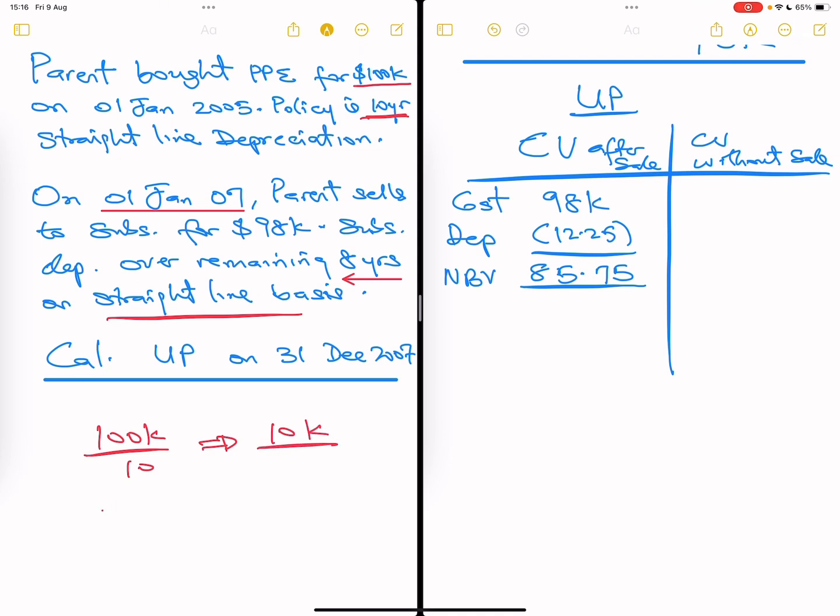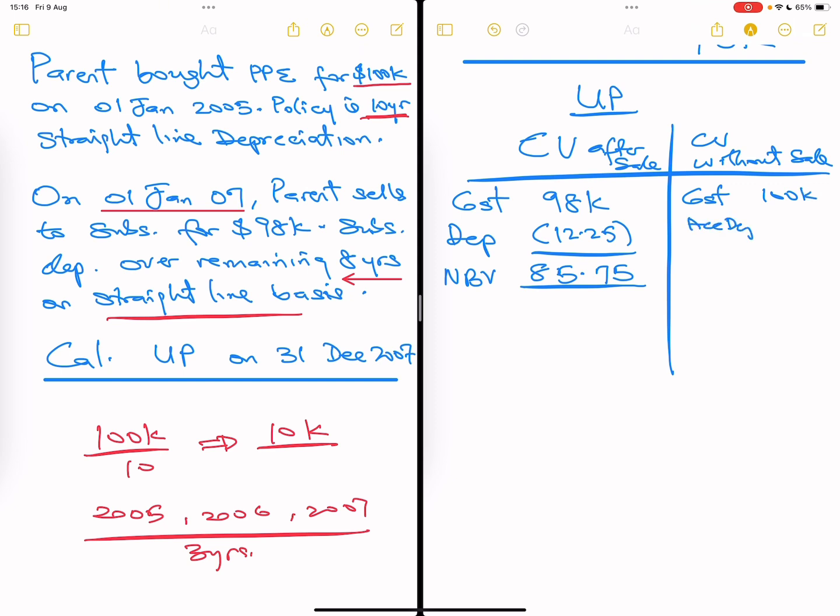And from 2005, 2006 and 2007, that is 3 years of depreciation that must be charged. So the cost is 100, the accumulated depreciation will have been 30,000. And that means the current value, which is net book value, should have been 70,000.